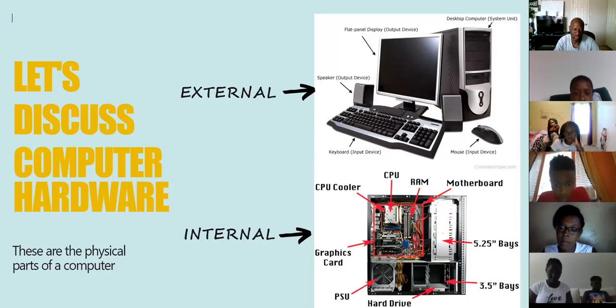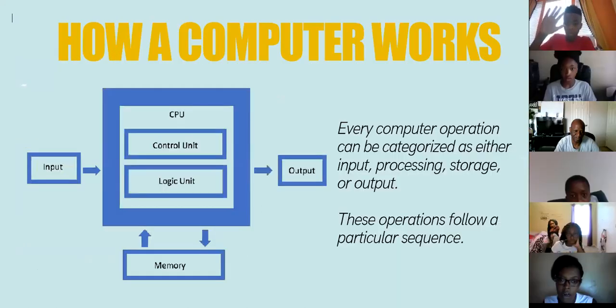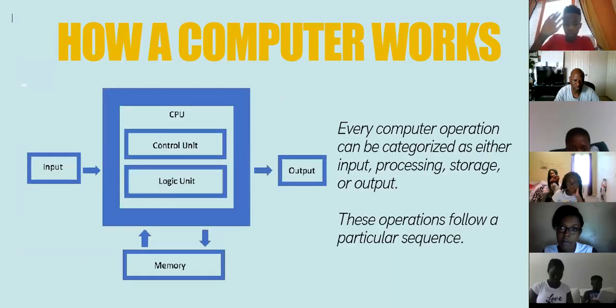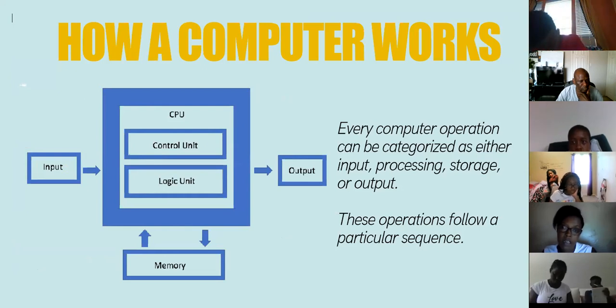Then the internal parts are the storage, the RAM, the processor, which is the CPU, the power supply, and the motherboard, and other drive units. As someone has mentioned, how a computer works is that it gets input, processes it, and can either store it or produce output.